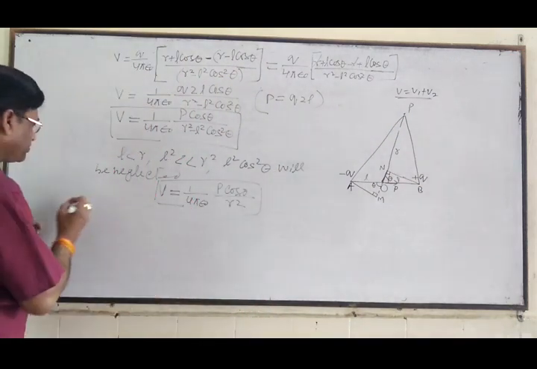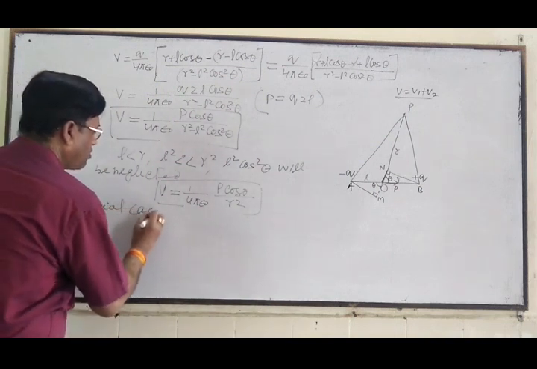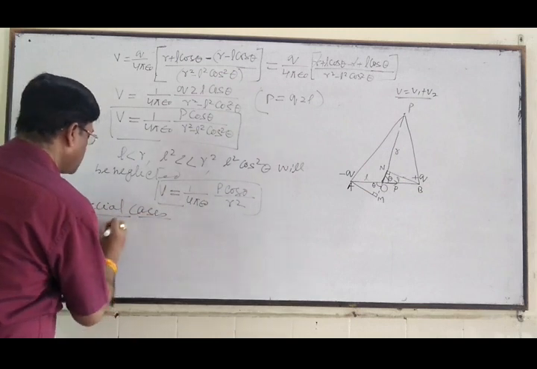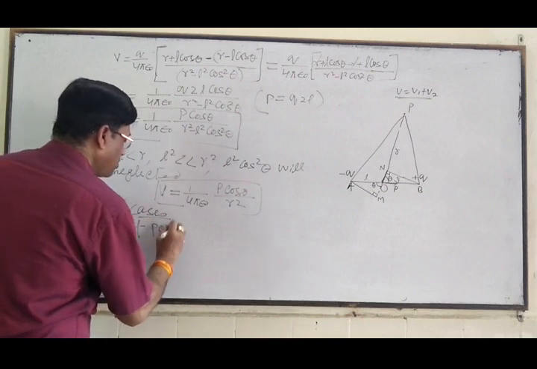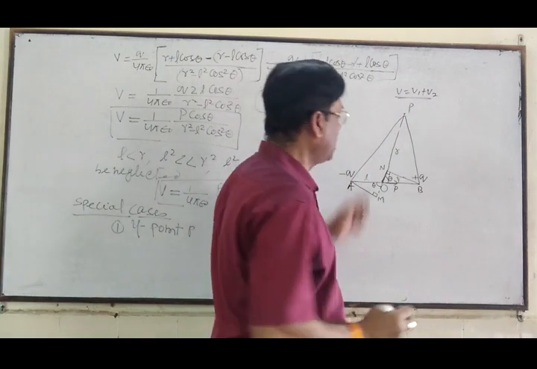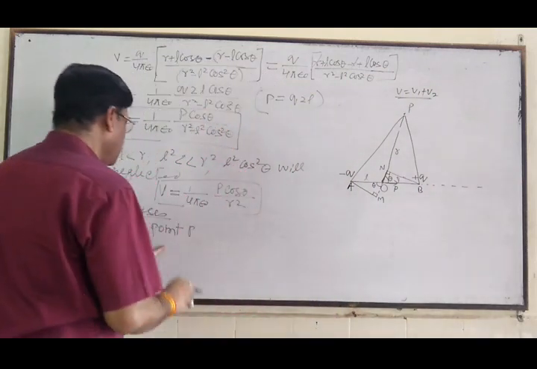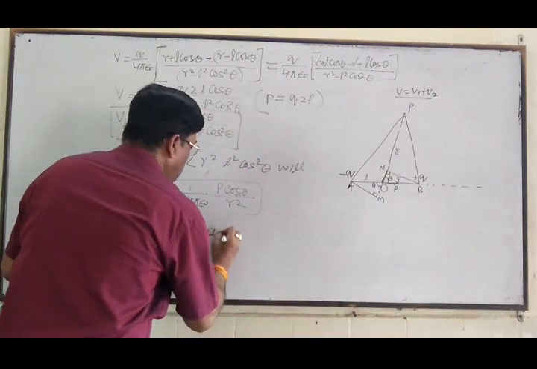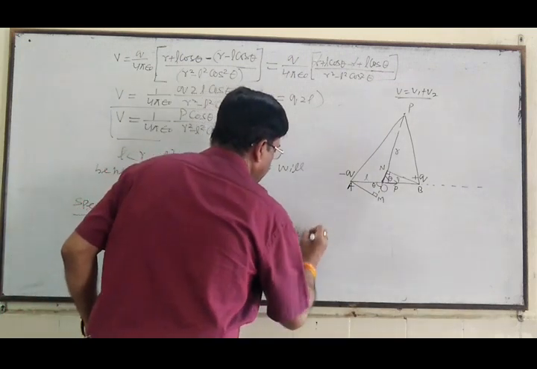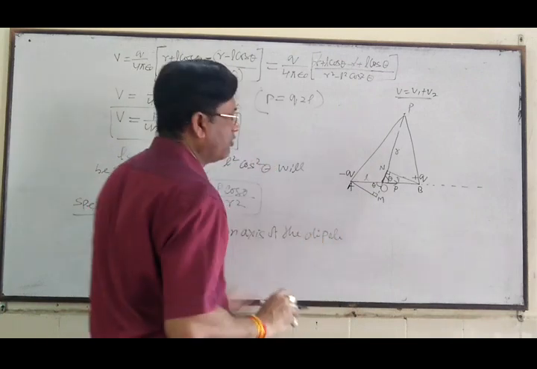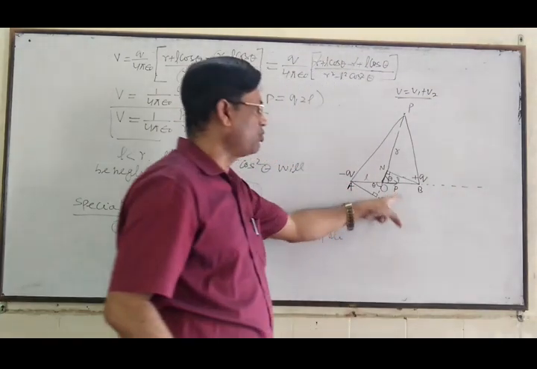Some special cases. First is, if point P lies on the axis of the dipole. When P lies here, the point will be in the direction of the dipole moment.